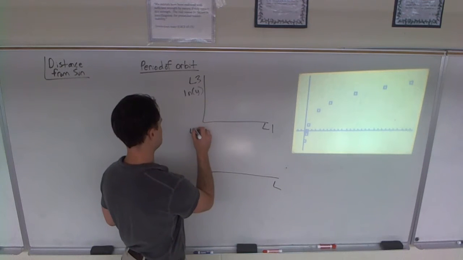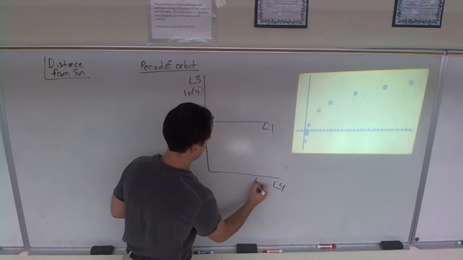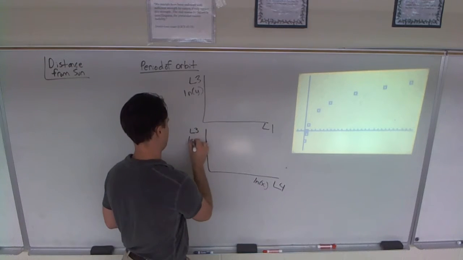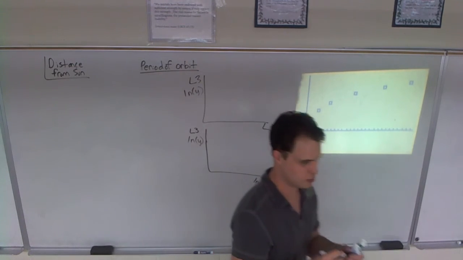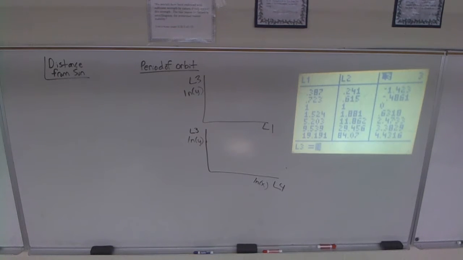So let's go list 3 and list 4. Let's logarithm the x and the y. So I'm going to just start over. Logarithm of the x, logarithm of the y.